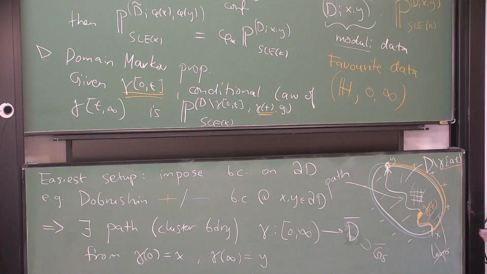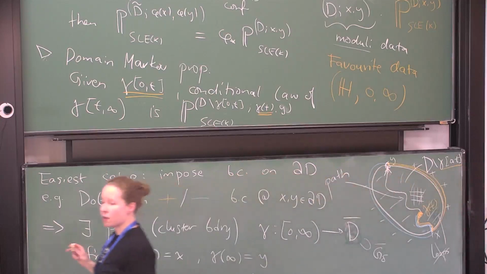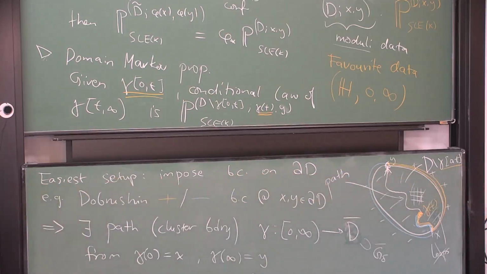How the discovery goes is that on your left you have minuses, on your right you have pluses. So here is the same. This is still this Dobrushin type boundary condition. So now the upshot is that these two properties and one parameter uniquely characterize this object.